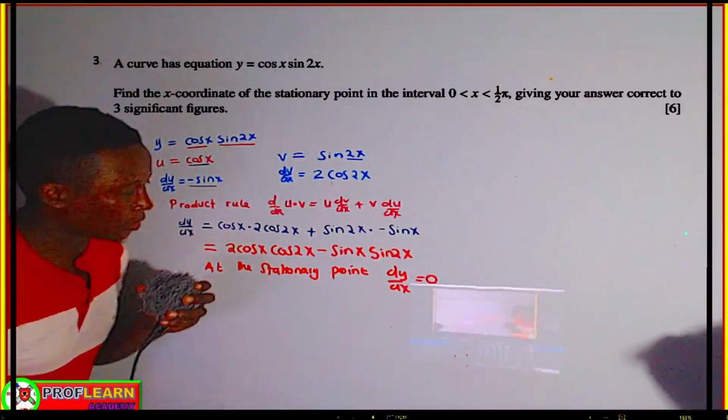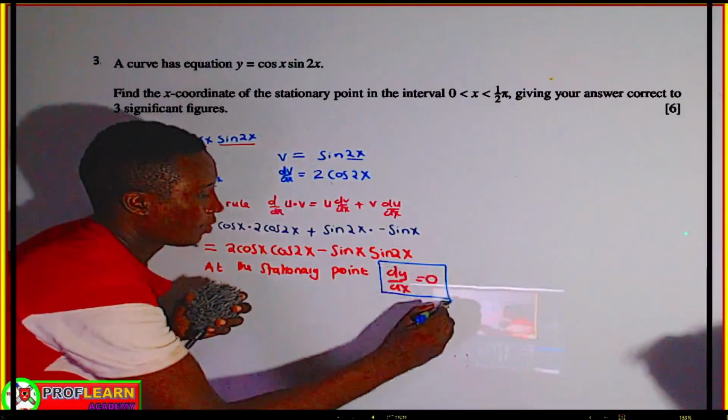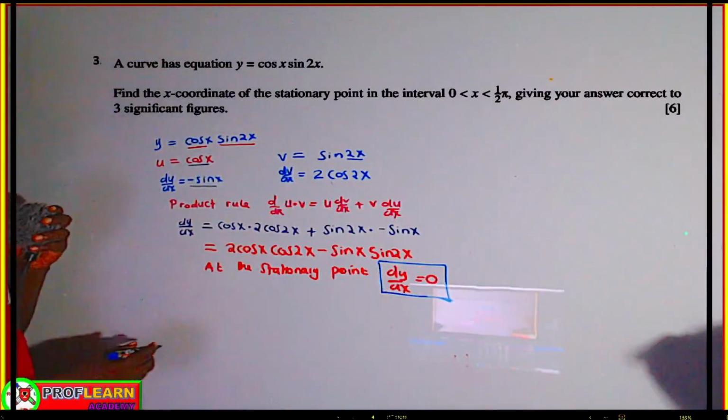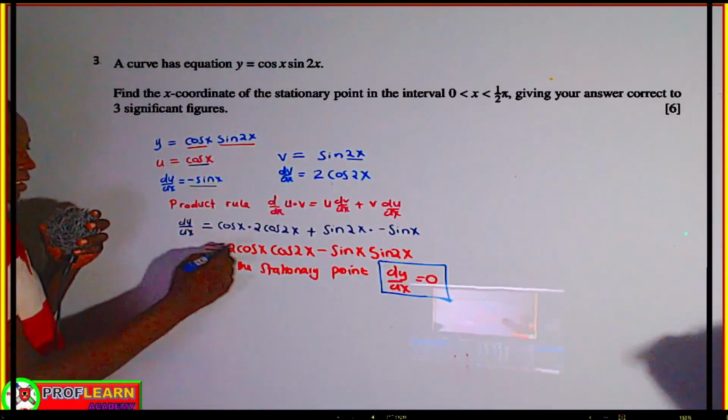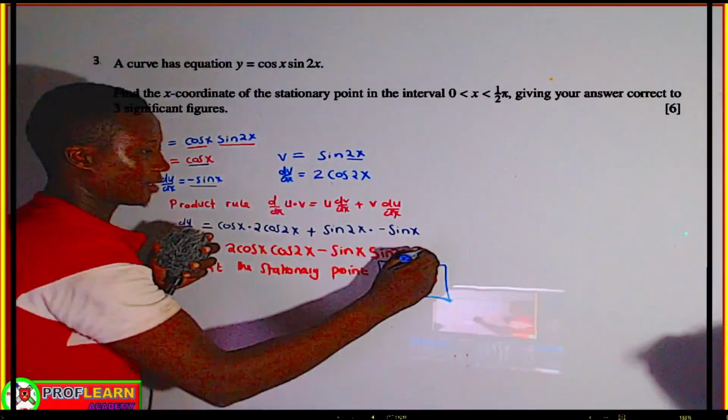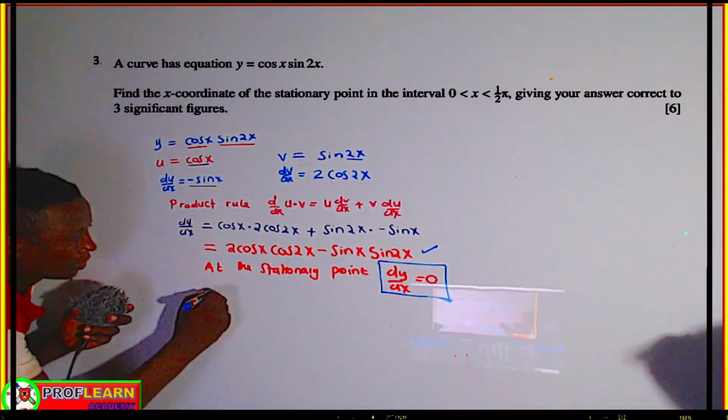We are doing that so that we can take whatever we have gotten here as our dy/dx and equate it to 0.